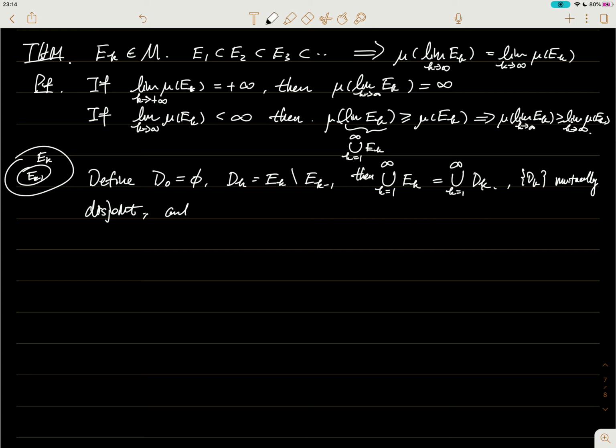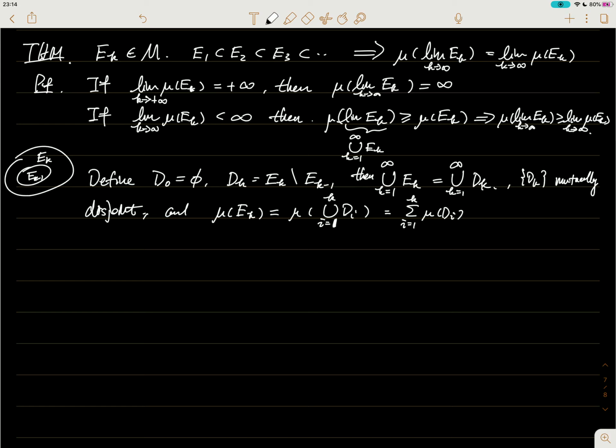For each finite k, we'll have mu of Ek equal to mu of the union of Di for i from 1 to k, right? Because the Di accumulates the differences, and this is just equal to the sum from 1 to k of mu of Di, because they are mutually disjoint.